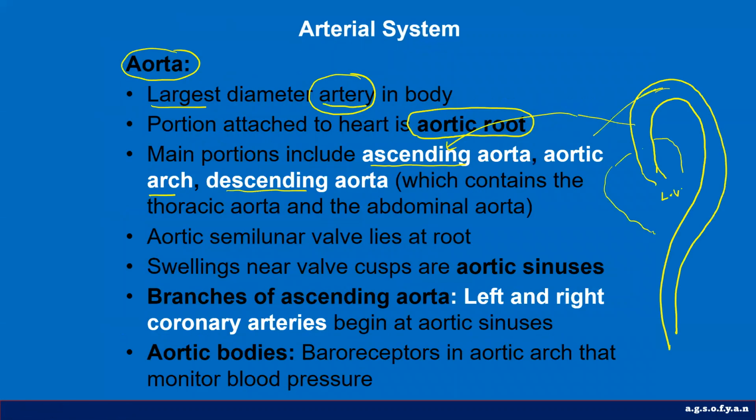So this part over here is the aortic arch, and the one that is going down, this whole part over here, is the descending aorta. Okay, so between the left ventricle and the aorta, there will be a valve. It's called the aortic valve.